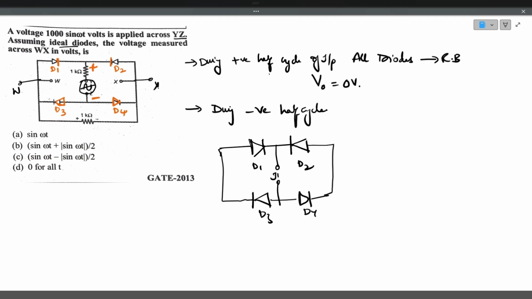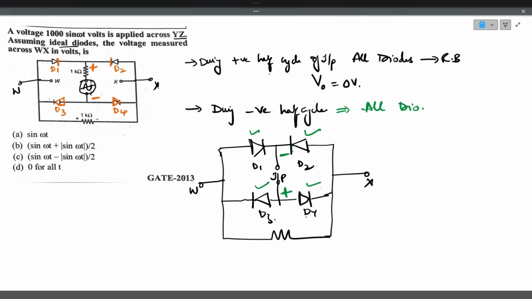Here input is given and output is collected across this resistor, here W and X. During the negative half cycle, this is negative and this is positive. So D1 N type and D2 N type are connected to the negative terminal of the input voltage, and P type of D3 and D4 connected to the positive terminal. So all diodes will be forward biased. During the negative half cycle, all diodes will be forward biased.